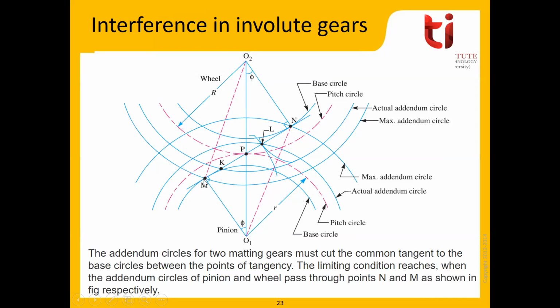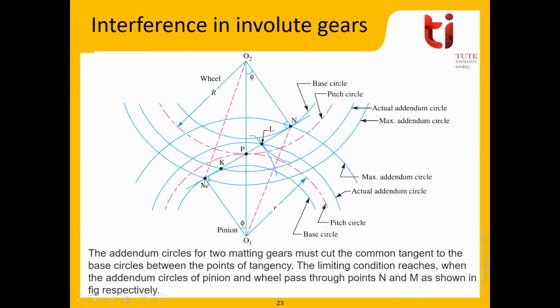And what happens is, from the base circle to the addendum there would be an involute profile of the tooth, but below the base circle, between the base circle and the root circle, there would be an arc, a fillet. So if we keep on increasing this addendum circle, after the pitch circle to the addendum circle there would be an involute profile, but after the base circle there would be a fillet.